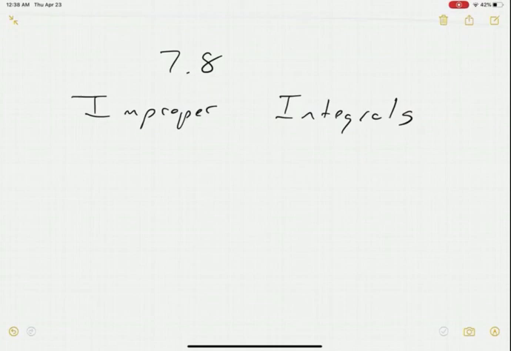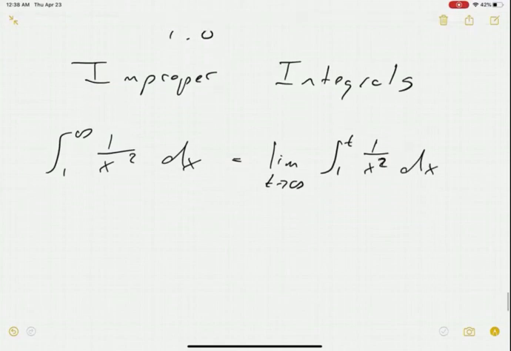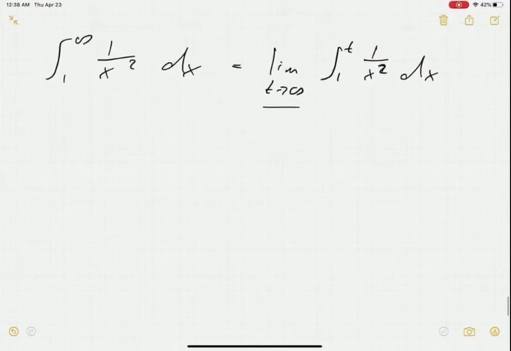If I have an integral from, let's say, 1 to infinity, 1 over x squared dx, if I want to evaluate this integral, the first step is to rewrite it as a limit. This is crucial. You're going to lose major points if you don't rewrite it as a limit.